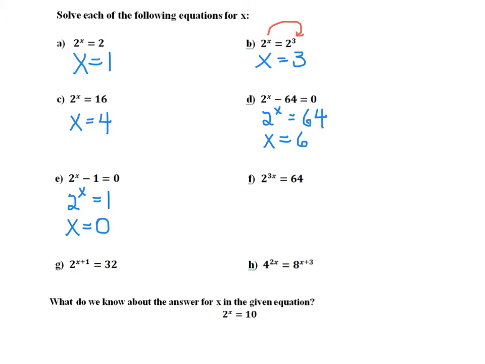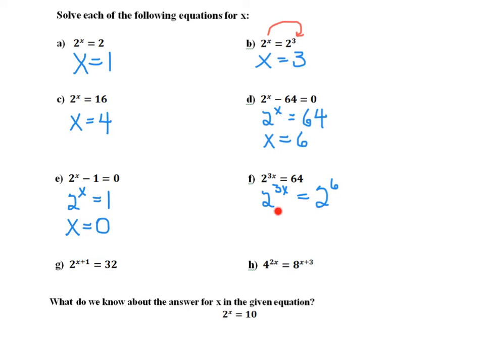Now in F, we're going to see something a little bit more difficult. 2 to the 3x is equal to 64. In the above problem, we saw that 2 to the 6th was equal to 64. So we could rewrite this as 2 to the 3x has to be the same answer as 2 to the 6th.